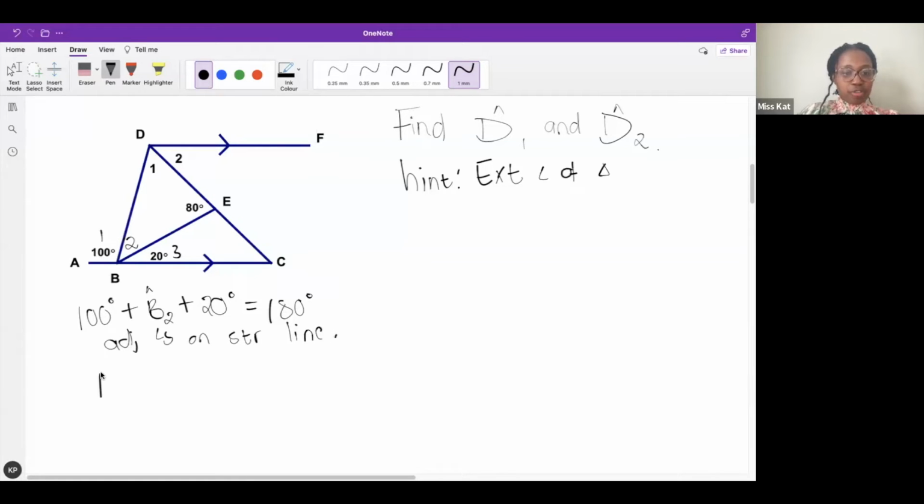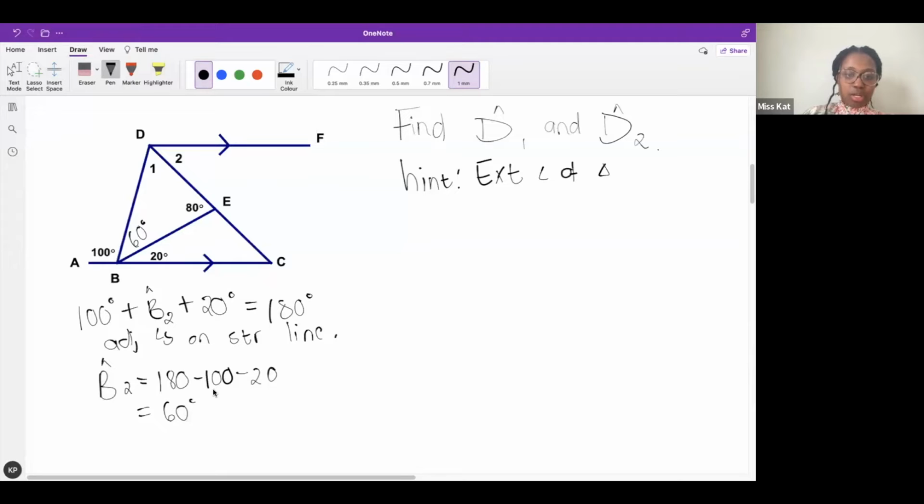Therefore B2 will be 180 minus 100 minus 20, which is 60 degrees. So now we figured this angle out. 60 degrees. Okay, now what, guys?